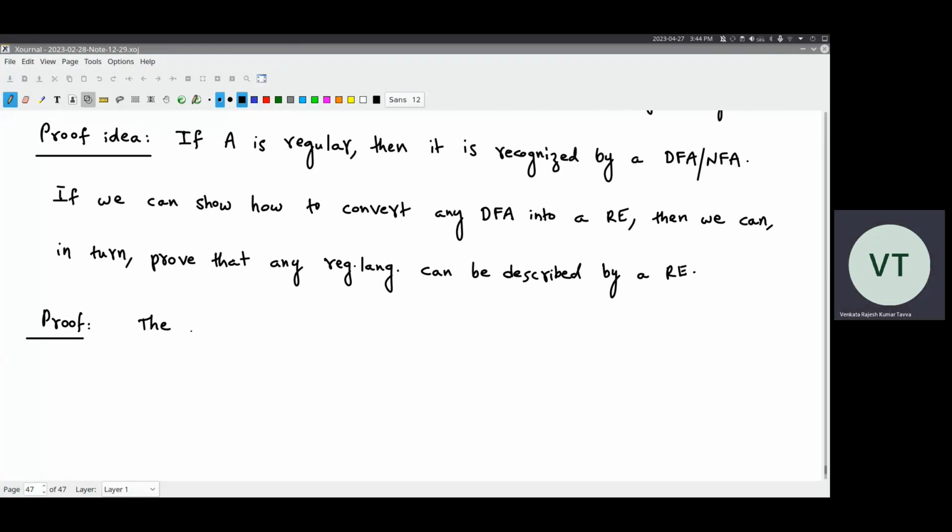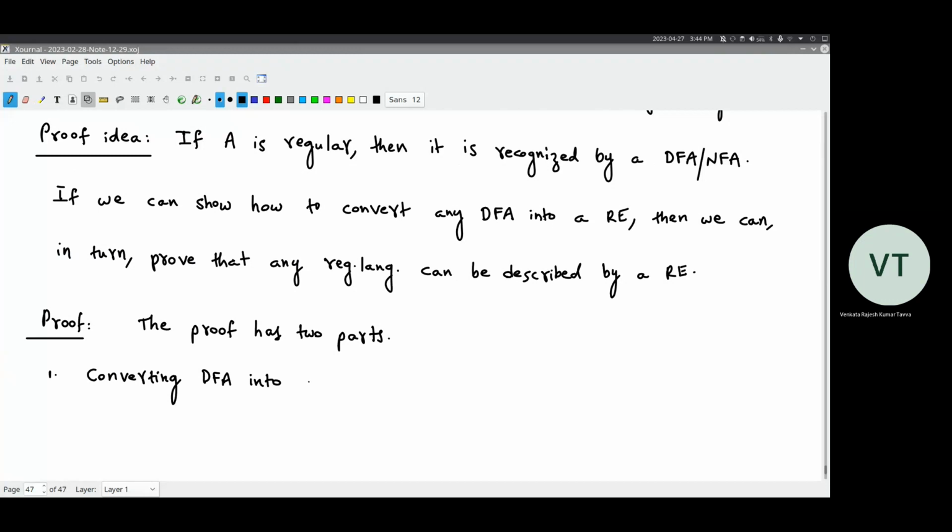So the proof has two parts. The first part is converting a DFA into something called a GNFA.